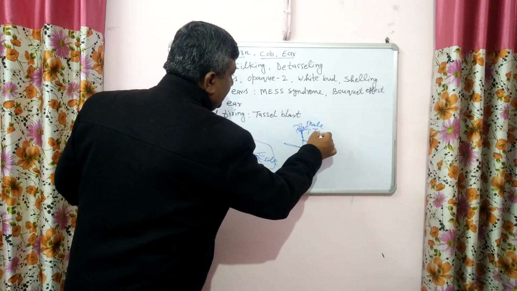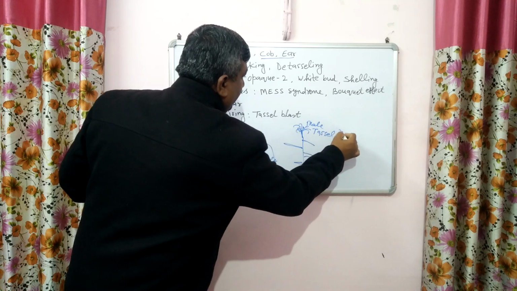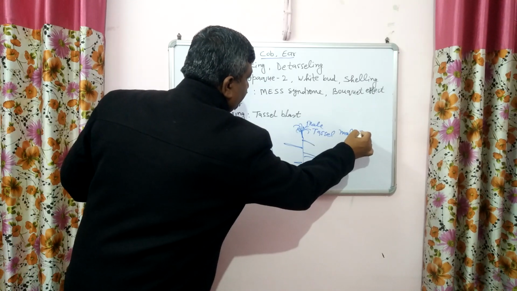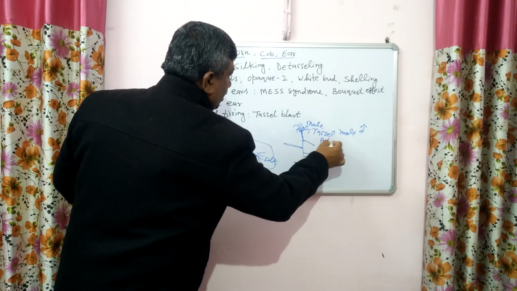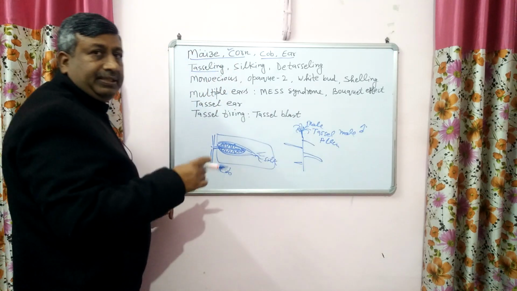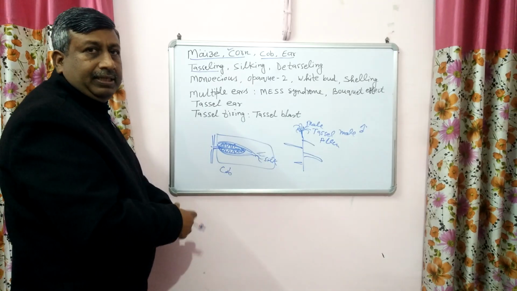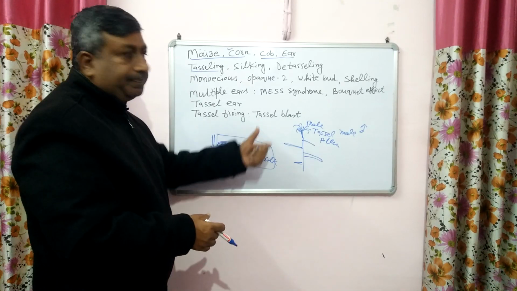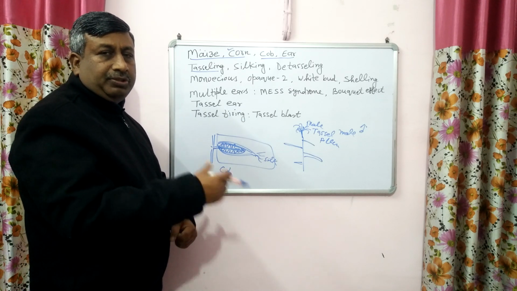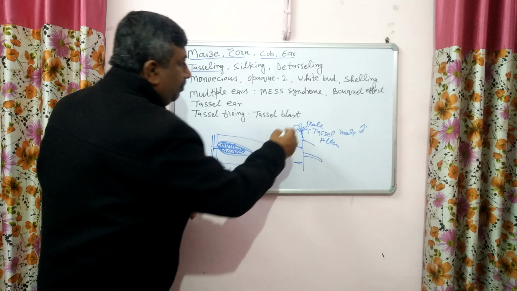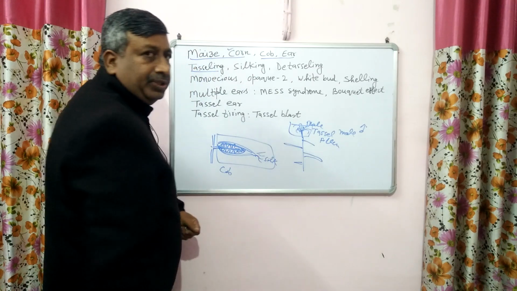This is known as tassel. It is the male reproductive part and it contains pollen, and the emergence of this tassel is known as tasseling. So emergence of the male reproductive part is known as tasseling, and this whole male reproductive part is known as tassel.